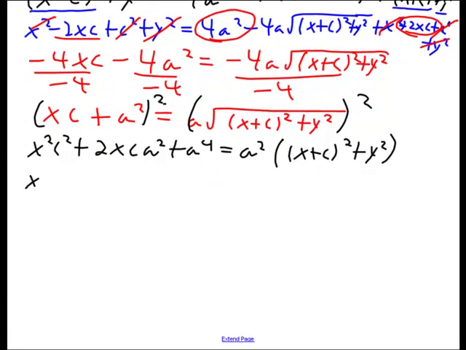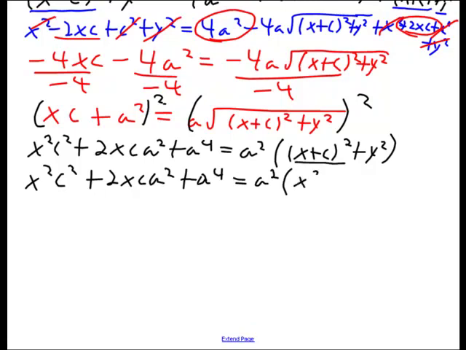The left side will remain the same, x squared c squared plus 2xc a squared plus a to the fourth. That is equal to a squared times, when we multiply that term out, x squared plus 2xc plus c squared, and then plus our y squared still sitting there.